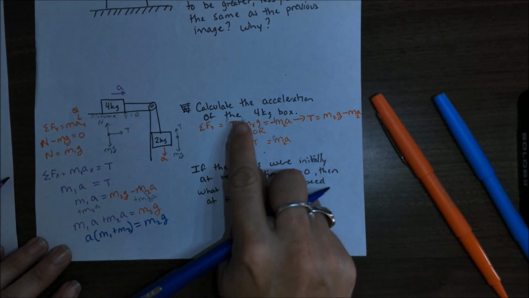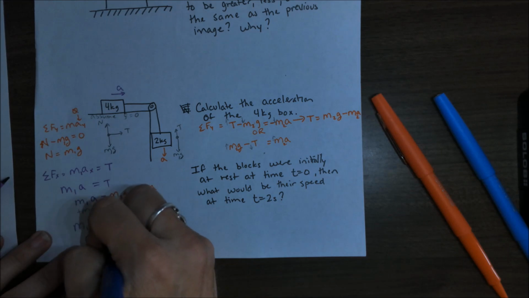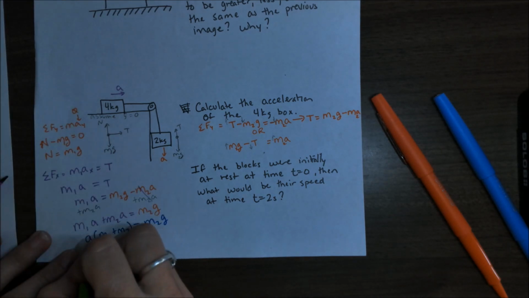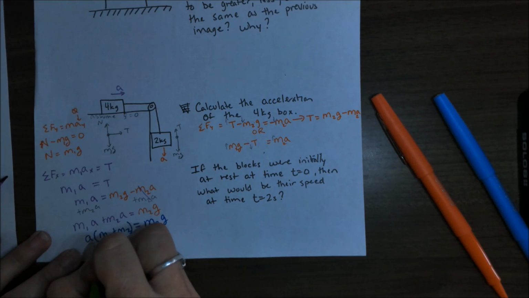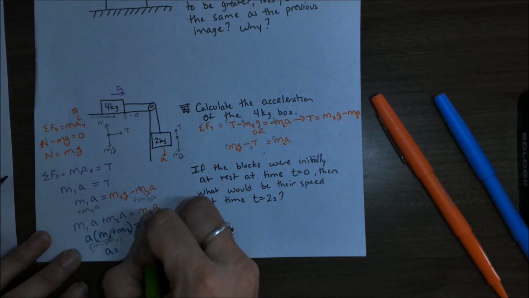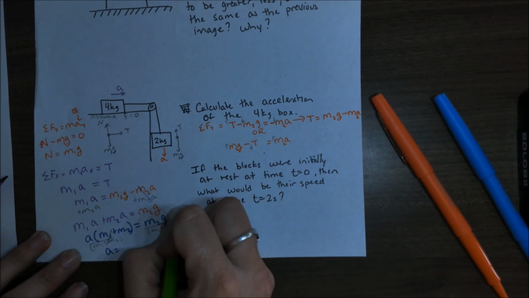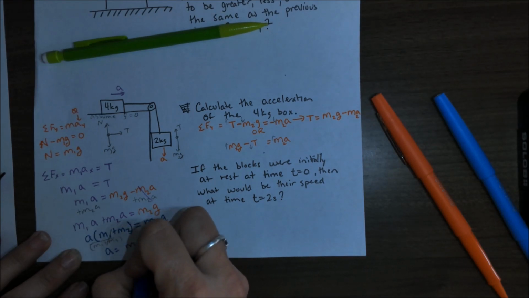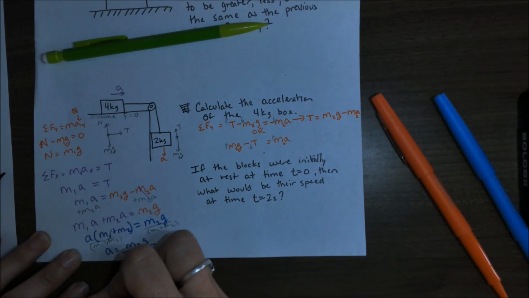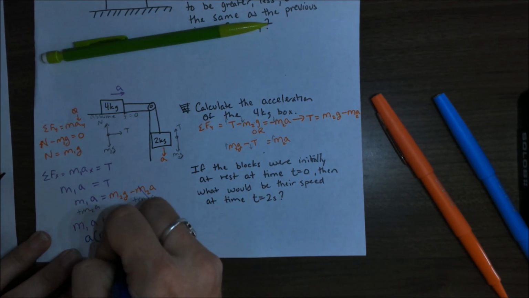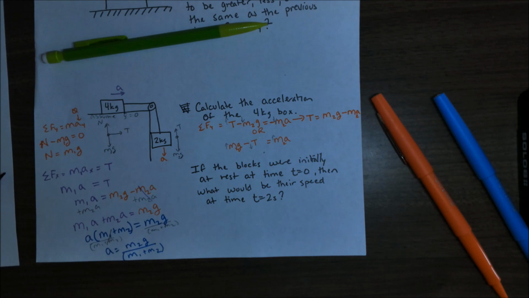And so to get the acceleration, I would need to divide by m1 and m2, and so my acceleration would be my mass and gravity divided by m1 and m2. Use parentheses when you put this in your calculator to make fewer errors.